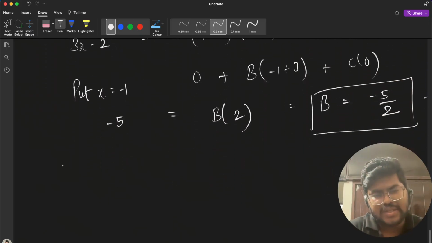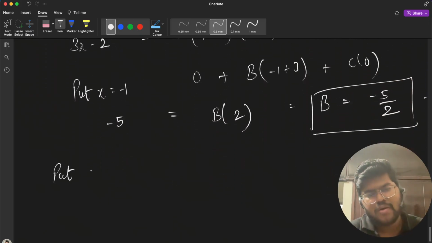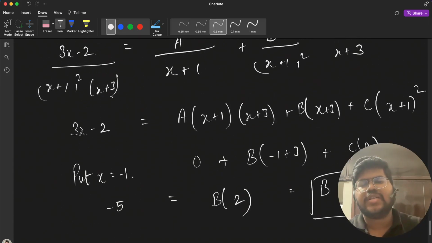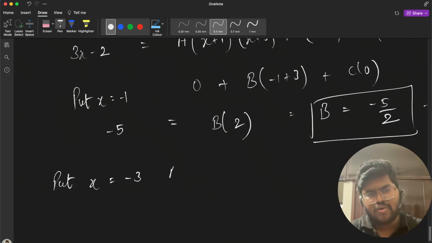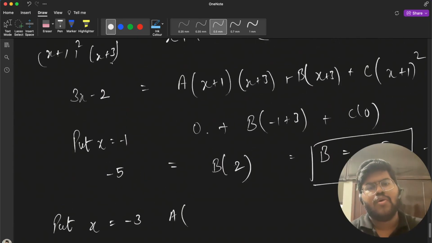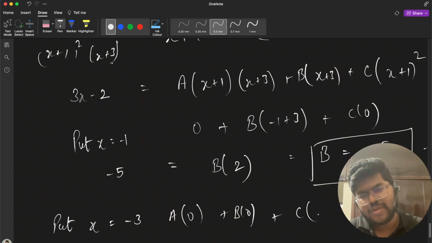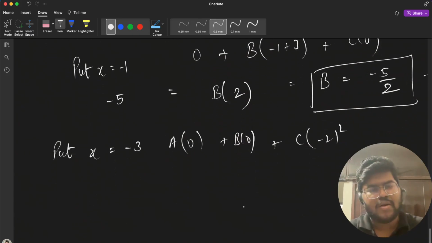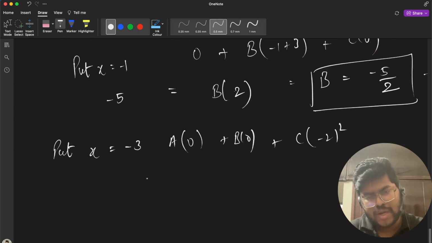Now let us put x equals minus 3. Putting x equals minus 3, a becomes 0, b becomes 0, plus c times (minus 2) square. So this is equal to minus 4.